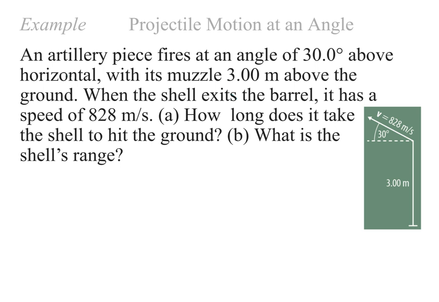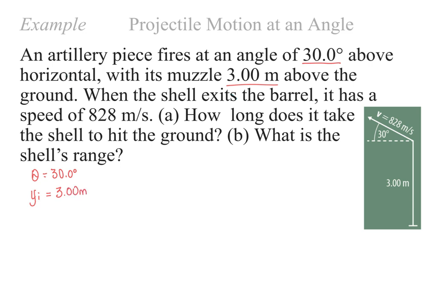All right, so we're going to use what we know. We're going to figure out what we don't know. So we're going to start with this. That is obviously going to be my theta. My theta is going to be that 30 degrees. The muzzle is 3 meters above the ground. That is my initial Y position. My initial Y position is going to be 3 meters, okay?